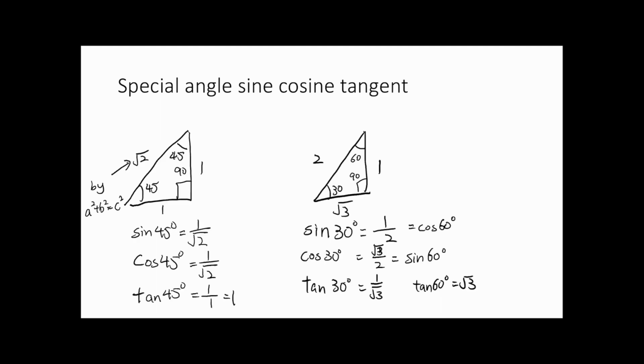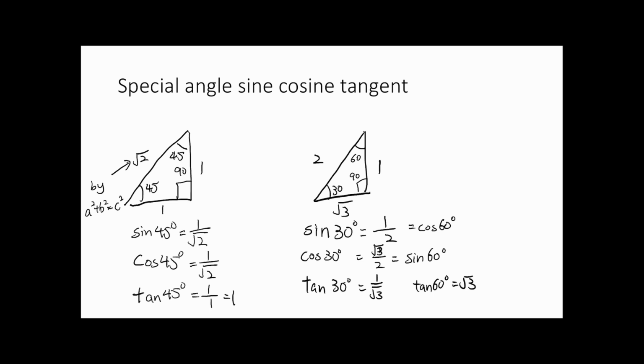As I have mentioned before, there are something known as special angles, and these special angles have unique sine, cosine, and tangent values that the teacher is very likely to ask you to memorize. Sine 45 degrees is 1 over square root 2. This is because the hypotenuse is always a factor of square root 2 more than the opposite side or the adjacent side when the angle equals 45 degrees.